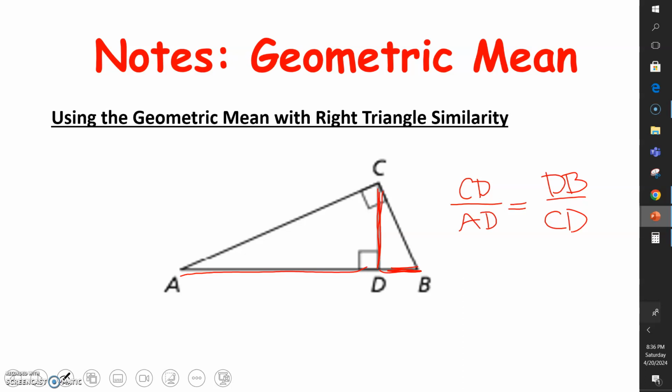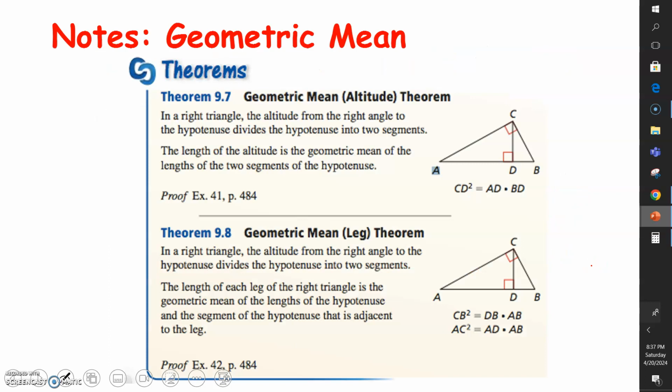Now this should look familiar. It should look like a geometric mean, right? CD is our x, x over AD is equal to DB over CD being our x. Through cross multiplication, we get CD squared is equal to AD times DB. And this leads to our next theorem. Theorem 9.7, the geometric mean altitude theorem.